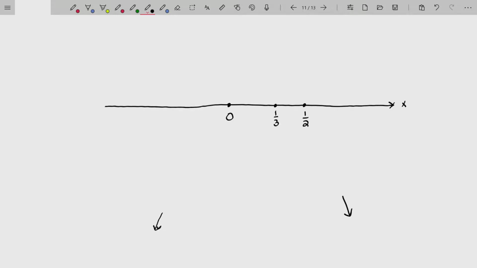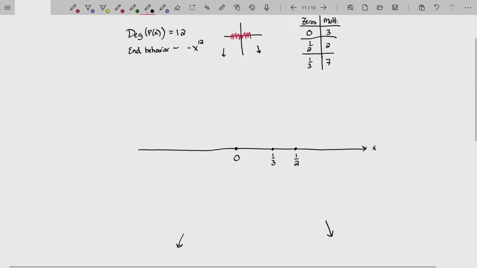Notice how I'm prepping everything by plotting the points that are the zeros, and then also taking advantage of that end behavior. Now I'll start just like I would read a book, from left to right, so I'll start on the left-hand side here. And generally speaking, when I graph something like a polynomial, there's a lot of squiggly stuff going on here.